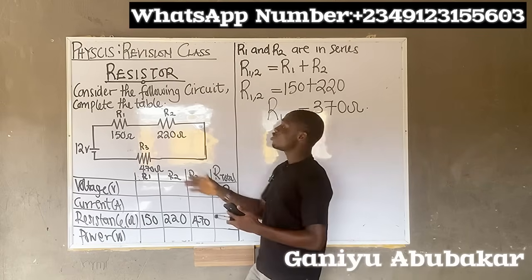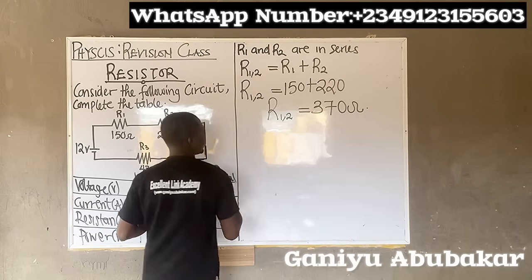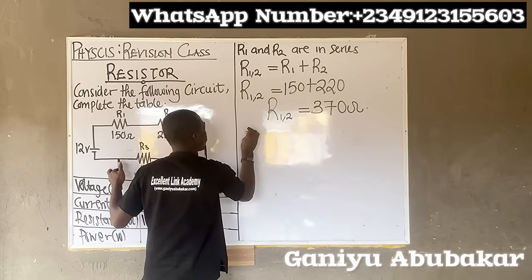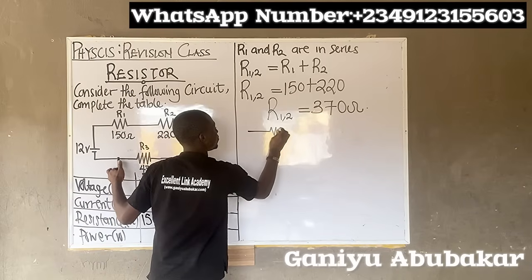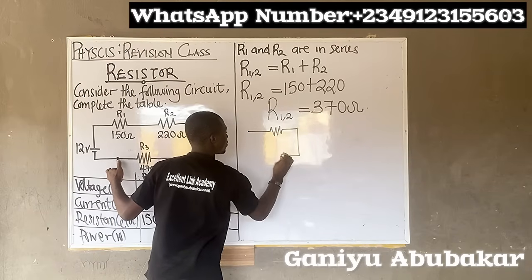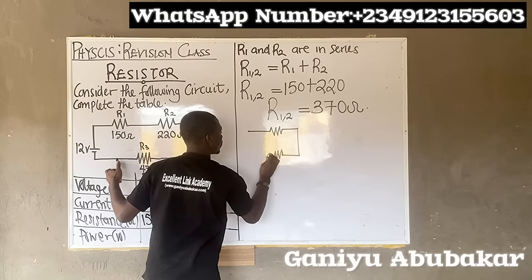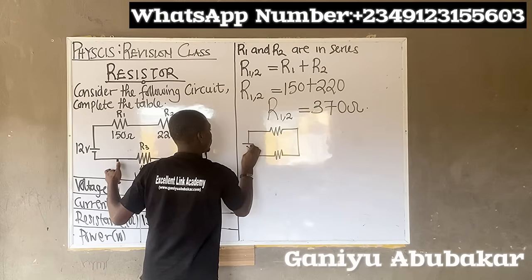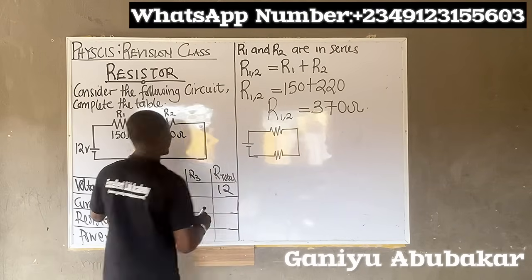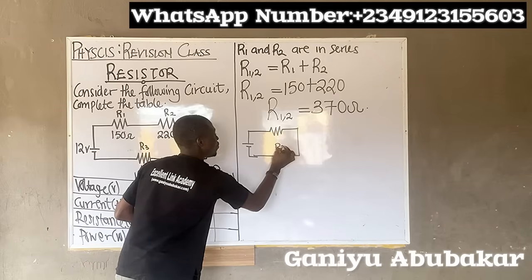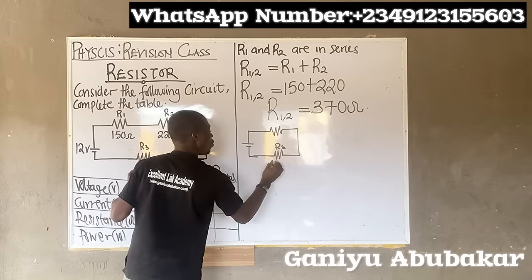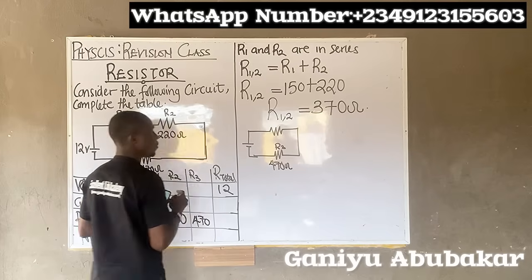So if I redraw this diagram, I should have this, please observe. Yes, this is R3, and R3 is of course 470 ohms here.